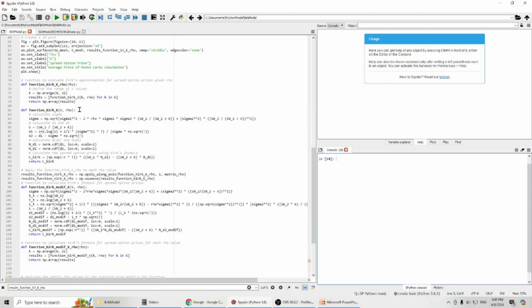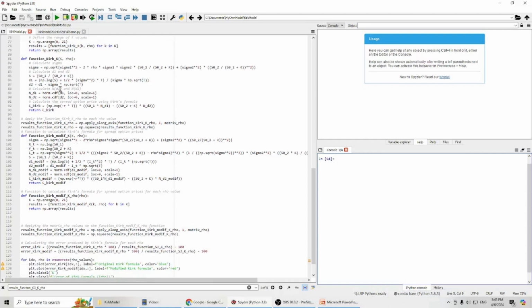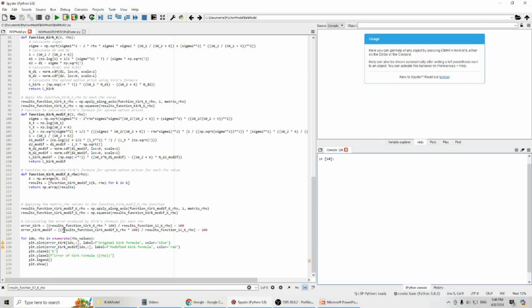And after that, I will calculate the price with the original Kirk formula. And after that, I will calculate the option price with the modified Kirk formula. And I will do the comparison.